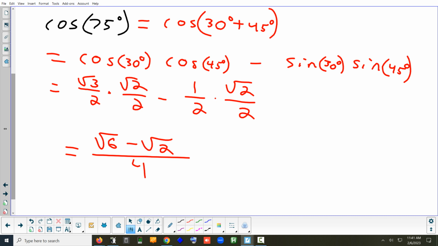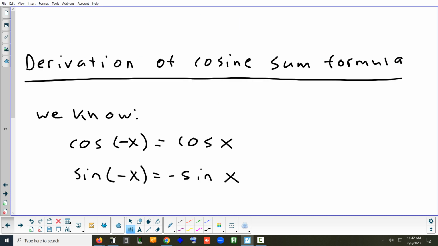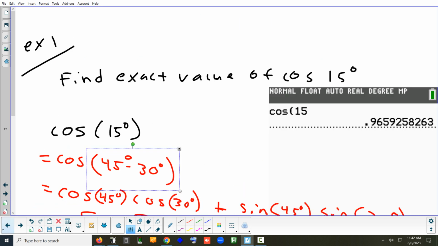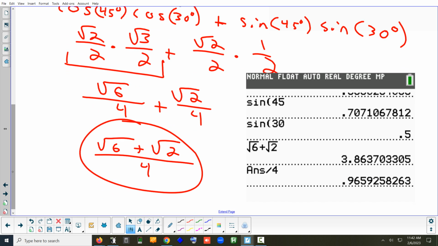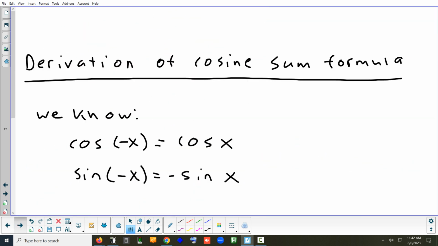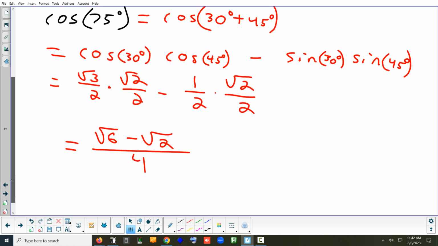Any question on how we got from here to here? It's exactly the same way we got from that step to that step when we did this one. I just did it all in one step this time instead of breaking it out. A lot of times you end up with square root of 6s, square root of 2s, and 4s in the denominator.